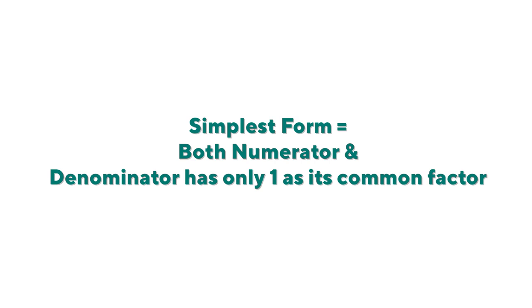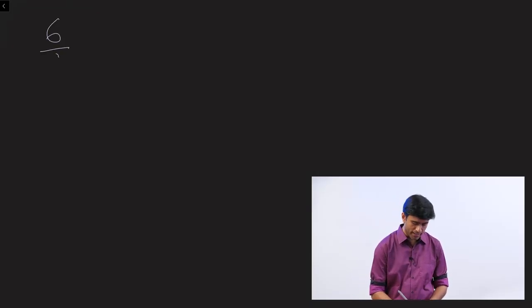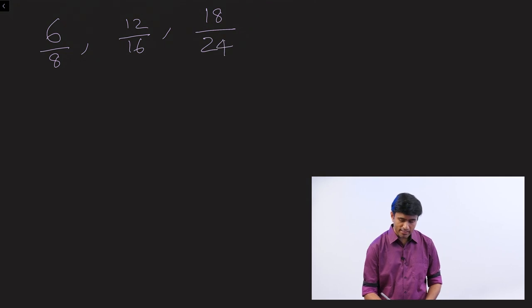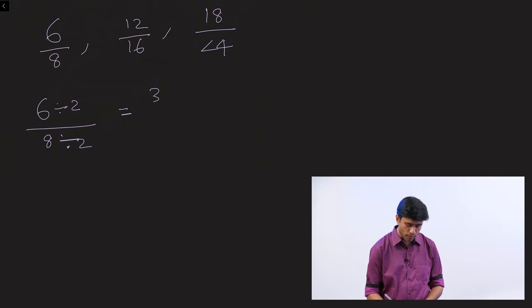So let's look at equivalent fractions. 6 by 8, 12 by 16, 18 by 24. These fractions are equivalent fractions because when you reduce the fraction to its simplest form, 6 divided by 2, 8 divided by 2 is 3 by 4. 3 by 4 is the simplest form of 6 by 8.